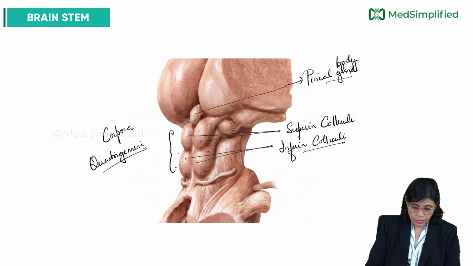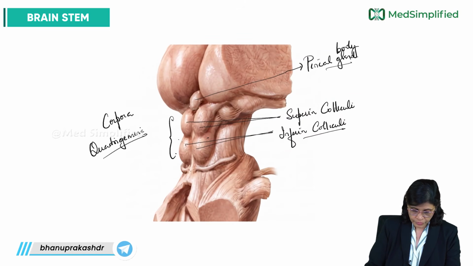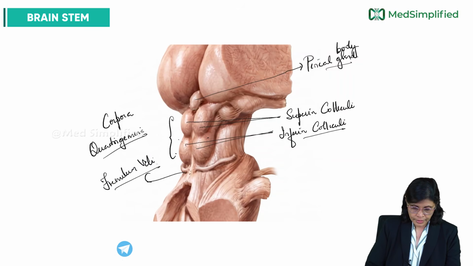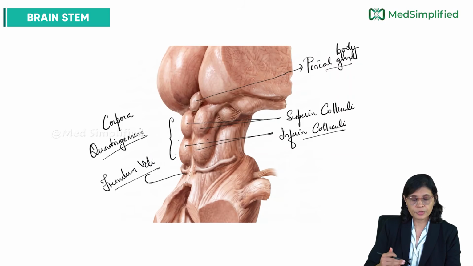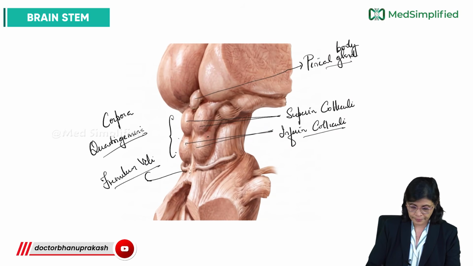And when traced below, it becomes continuous with the frenulum veli. Here down, the frenulum veli will be here. It's a median ridge which we see on the dorsal surface of the superior medullary velum.